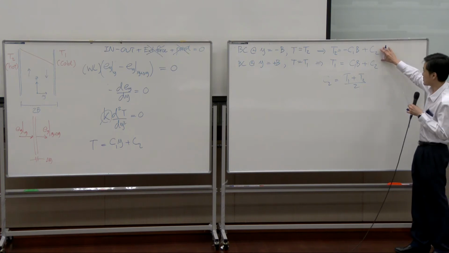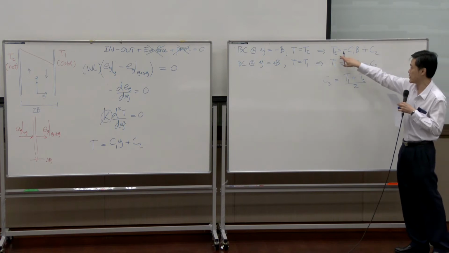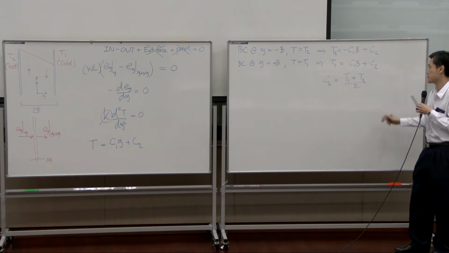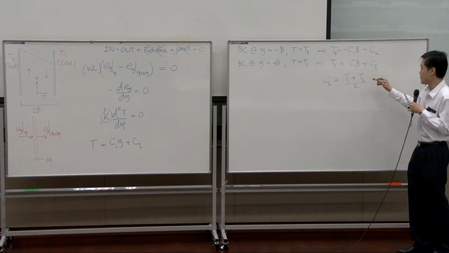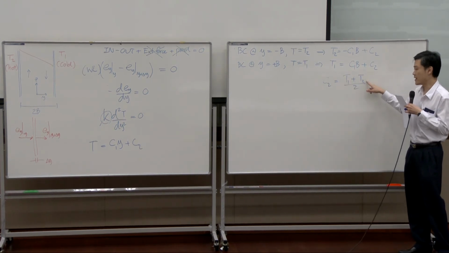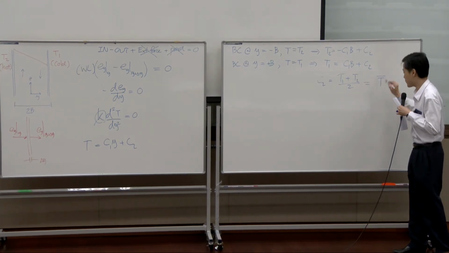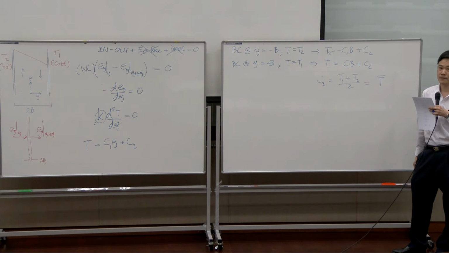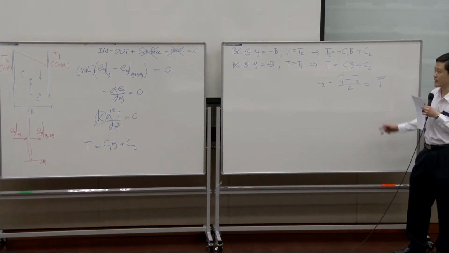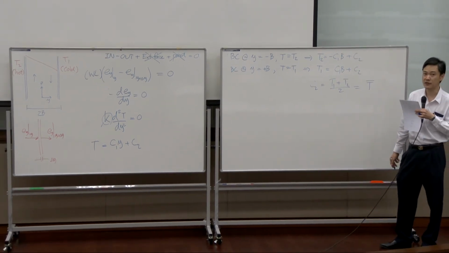You add these two equations together. This term cancels out. This term turns to be 2C2. This one is T1 plus T2. And according to definition, this is one temperature added to another divided by 2. That's the average temperature. Basically, if the function is linear, this temperature is located at the center.